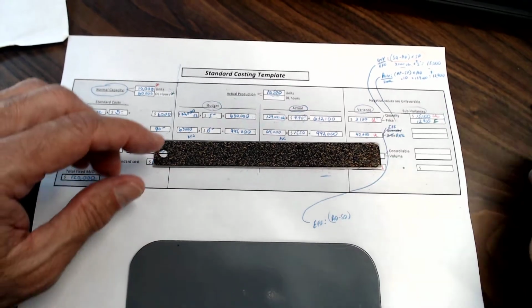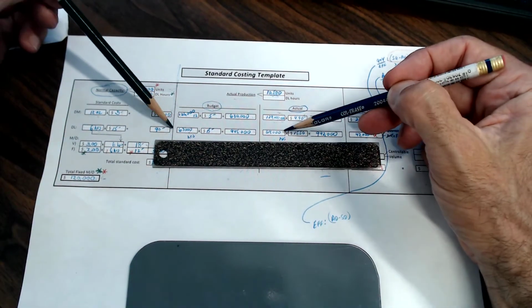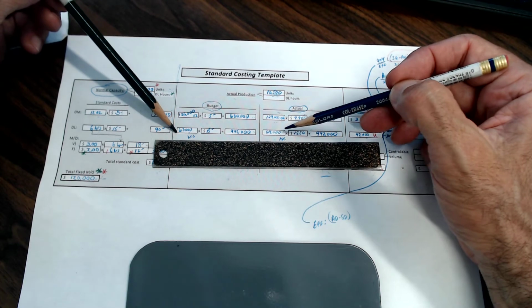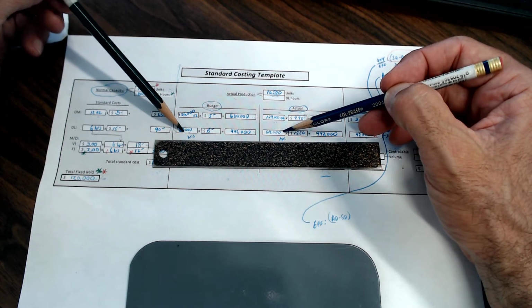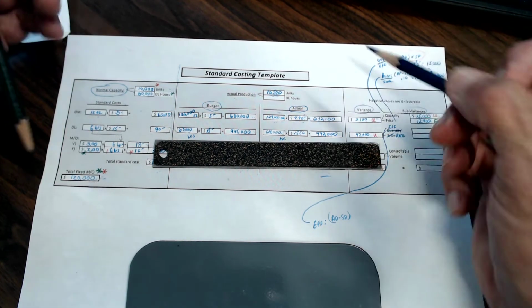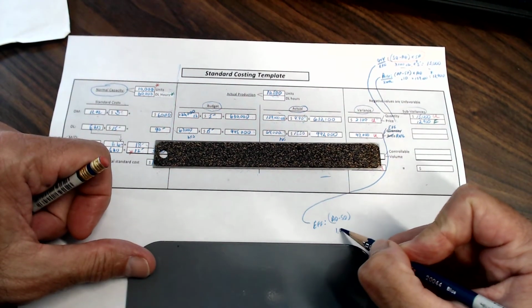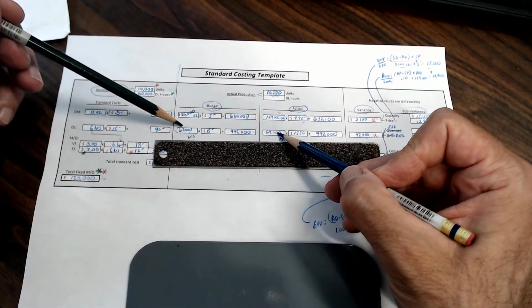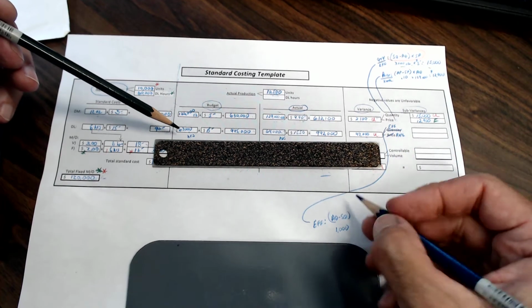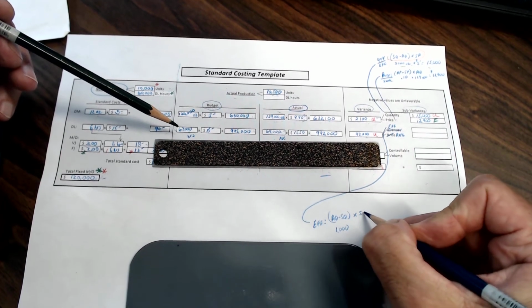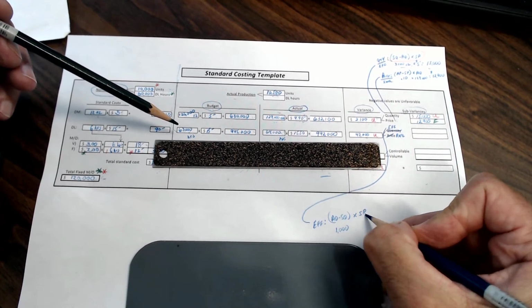It's the efficiency. How efficient were we? How many hours did it take? How many hours should it have taken? How much was my hours off? They were off 1,000 hours. I used 1,000 hours more than I should have, and I multiply that times the standard rate.